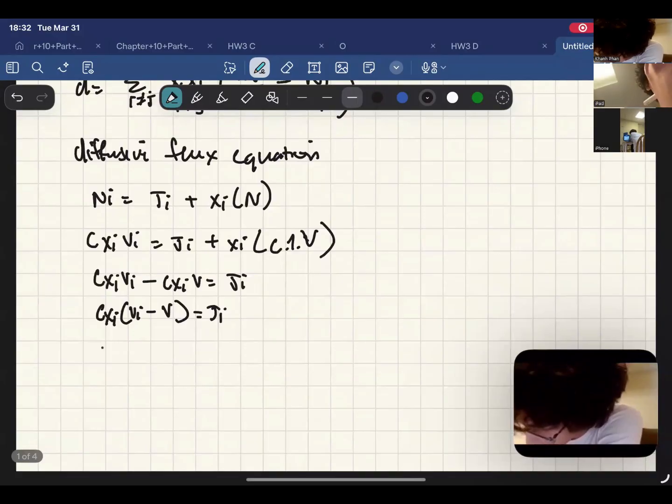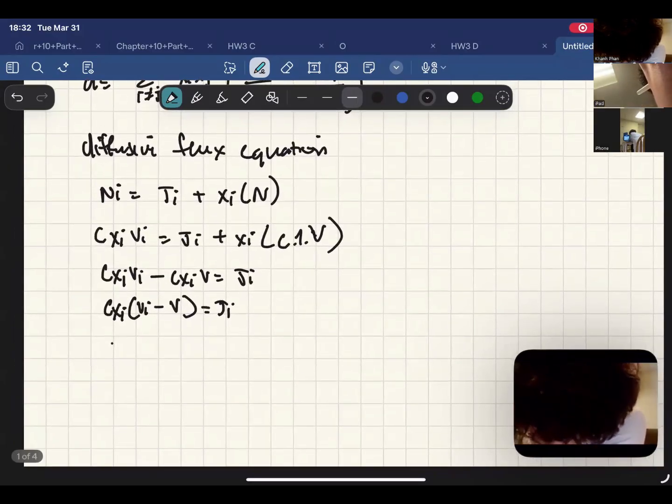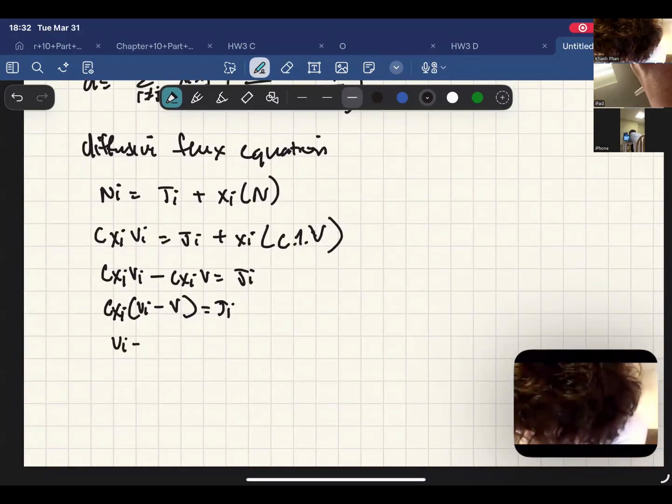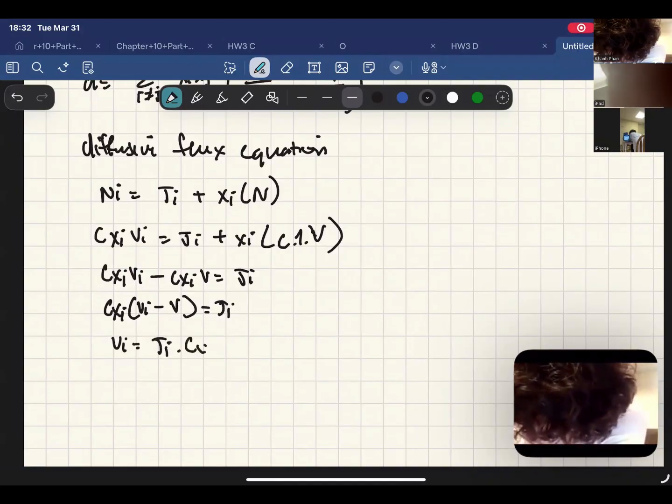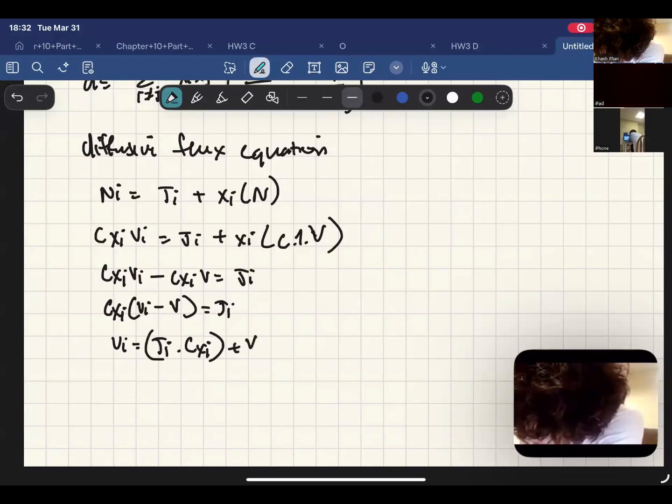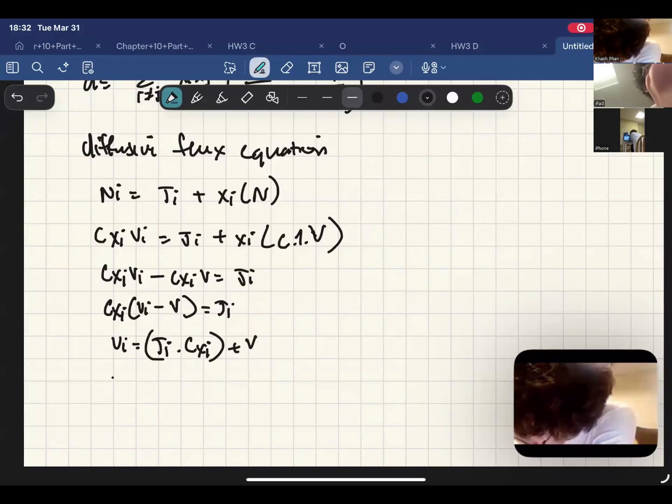And then so we would have v_i equal to J_i over c x_i plus v.